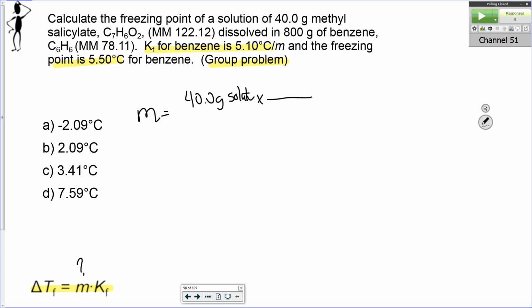It has a molar mass of 122.12 grams per mole. So that's going to give us 0.328 moles of the solute. Now I'm going to need to take that and divide it by the mass of the solvent in kilograms. There's 800 grams, which is 0.8 kilograms.